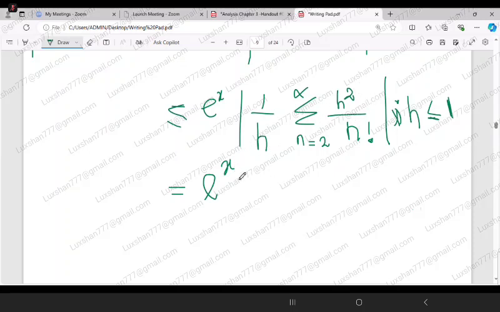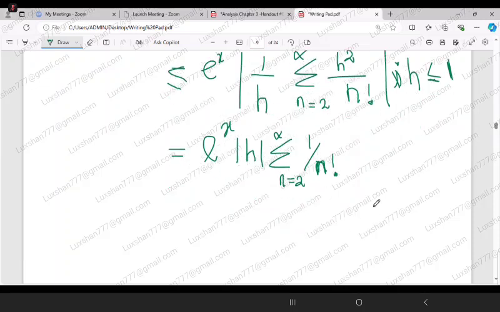You have one more h, so I can write it as mod of h into, you don't need to put mod because n is a positive number, the summation n equal 2 to infinity 1 over n factorial. So this is equal to 1 over n factorial.